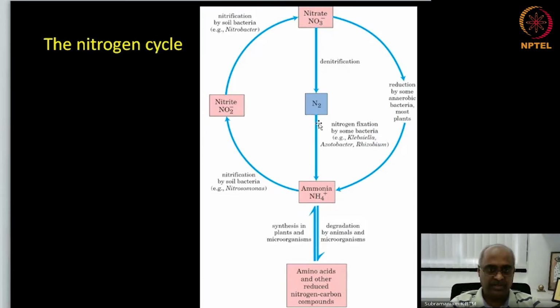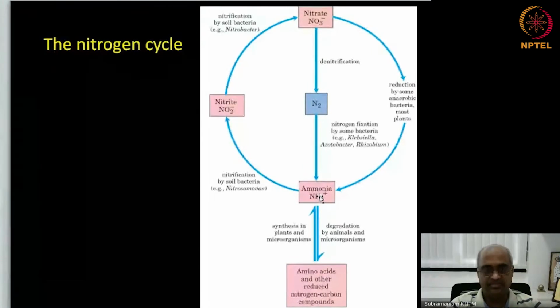They reduce the nitrogen into ammonia. This ammonia can be incorporated into amino acids by the plants and microorganisms, and when they die and degrade, they return ammonia back into the soil.